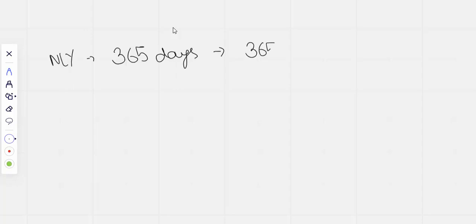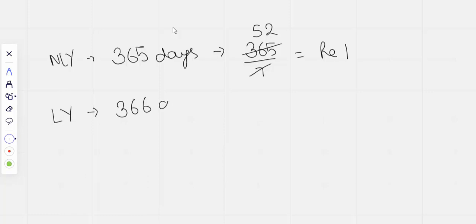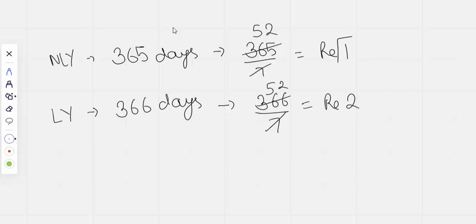We divide 365 by 7 and get a remainder of 1. Now if we take a leap year, it has 366 days. To find the odd day, we divide it by 7 and get a remainder of 2. These remainders which we are getting are called odd days.